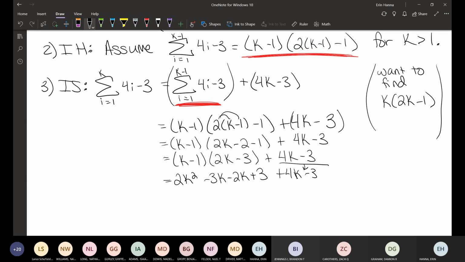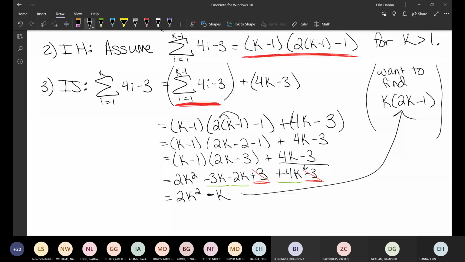Let's try to smush together as much as possible. We've got a 3 and a negative 3. Those are going to cancel each other out. We're going to get 2k squared. And then we have negative 3k minus 2k plus 4k. Negative 3k minus 2k is negative 5k plus 4k. We're trying to find k times 2k minus 1, so sorry, it should be a minus k.